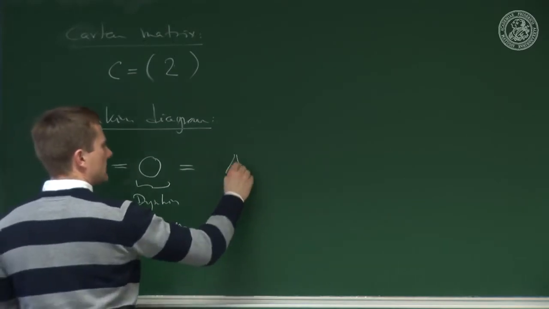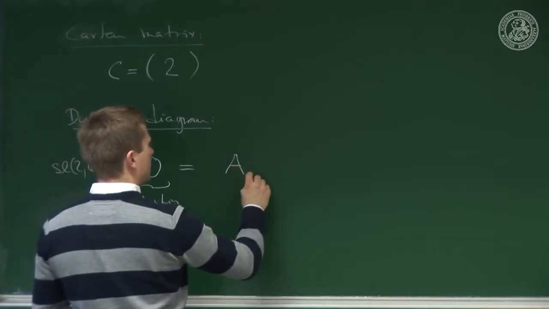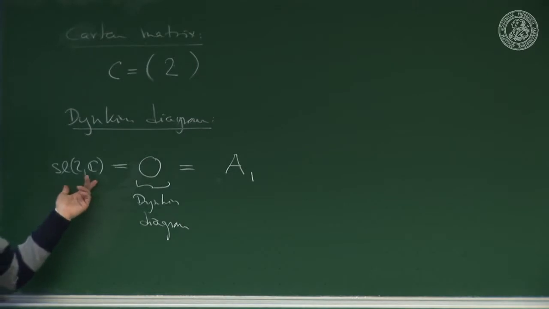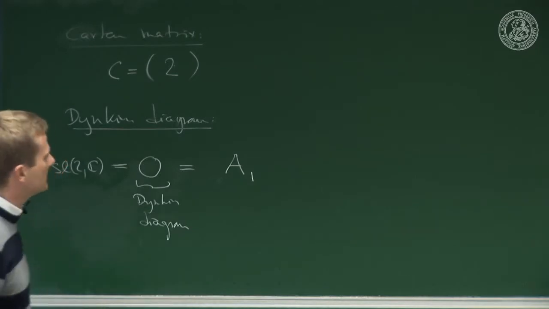And that is, of course, in the classification of the Lie algebras, this is the space A1. So we found at the end of this road that the Lie algebra of the big SL2C Lie group is A1, in the standard classification.